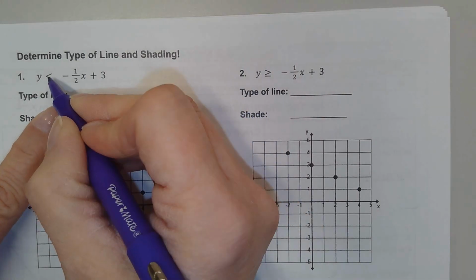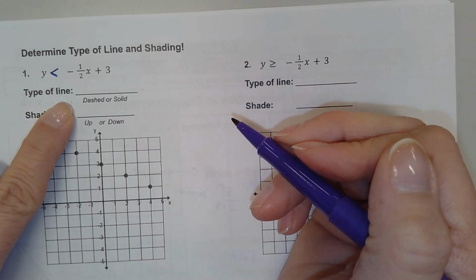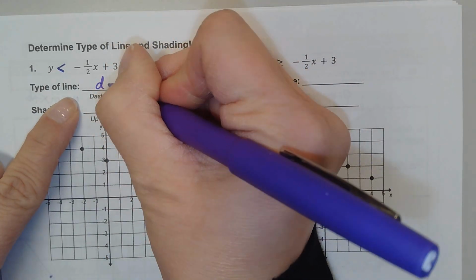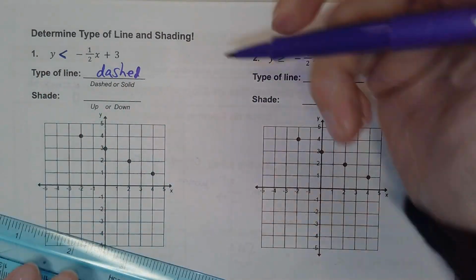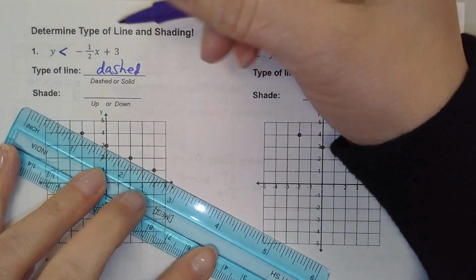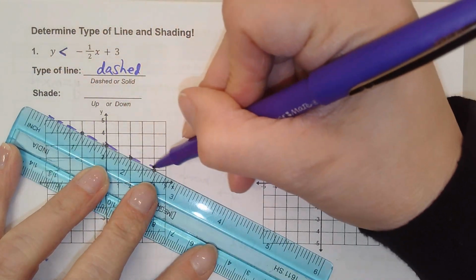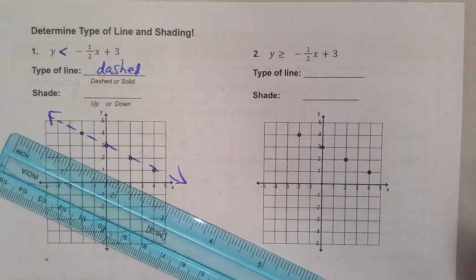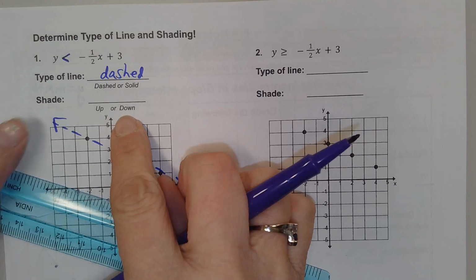What type of line will we use for less than? Dashed or solid? Dashed, because there is no equal sign. Let's go ahead and draw our dashed line. Thank you for giving me all the points. And now we're going to practice shading up or down.